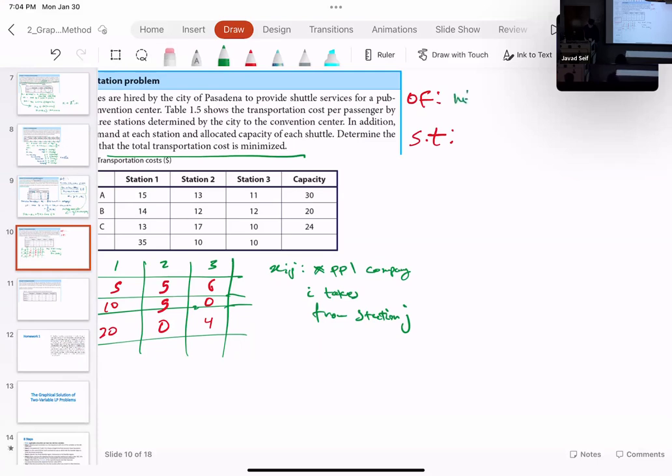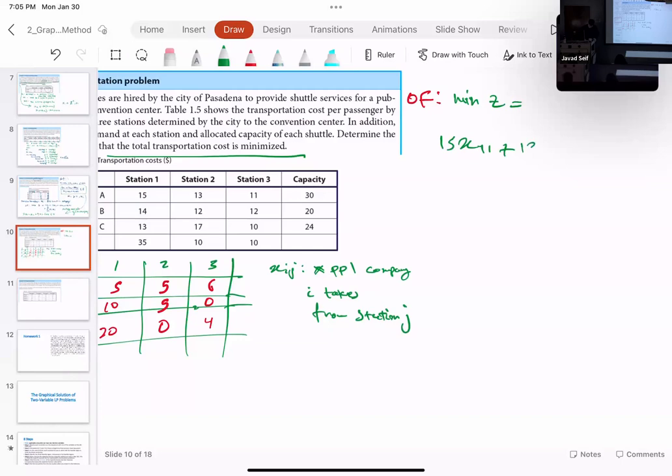Minimize D equals how many people company A takes from station 1? X11. We don't know how many, but X11 is the container that's going to have the number of people company A takes from station 1. So X11. What's the cost of each person? 15.